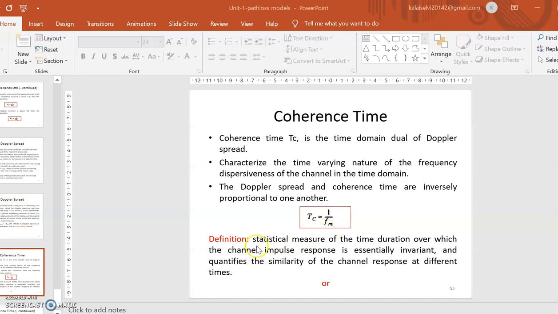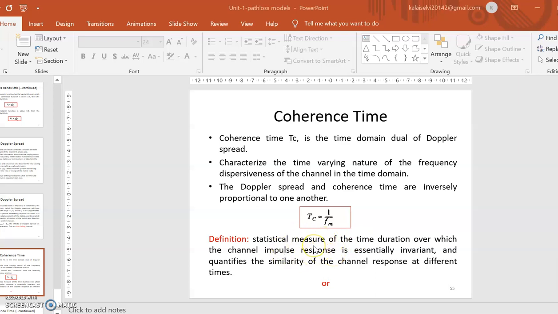It can be defined as a statistical measure of the time duration over which the channel impulse response is invariant. That is, the channel impulse response will not change for the duration we have considered. It implies that the channel response is the same over that duration.